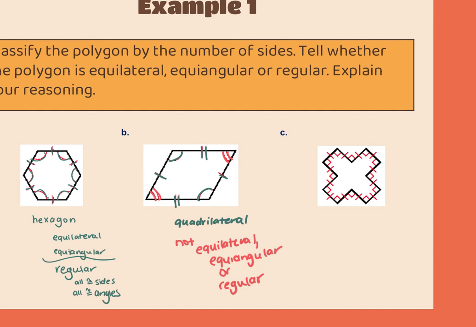And going to C, you've got 1, 2, 3, 4, 5, 6, 7, 8, 9, 10, 11, 12 sides, which means this is a dodecagon. All the sides are marked as congruent, so it is equilateral.